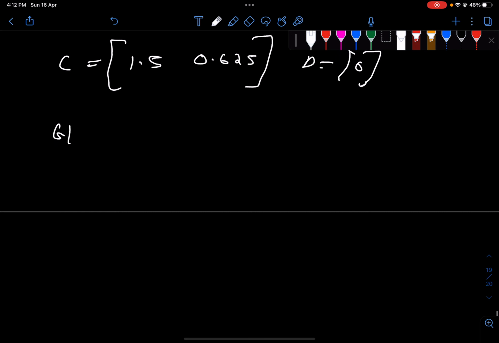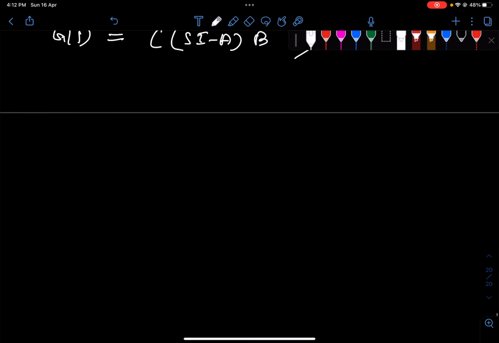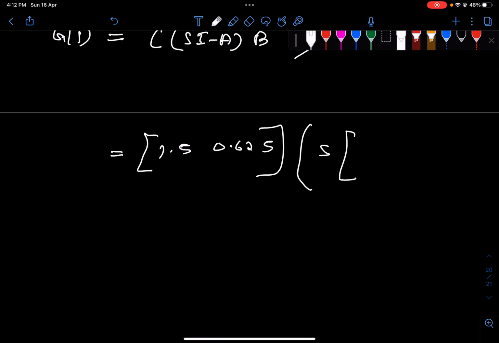And what is our G of s? From state space, how do we convert to G of s? How do we convert state space to transfer function? Using the formula C multiplied by (sI minus A) whole inverse multiplied with B plus D, and we know D is 0. So what is C here? That is [1.5, 0.625], and what is sI minus A? s into the identity matrix, which is 2 by 2.